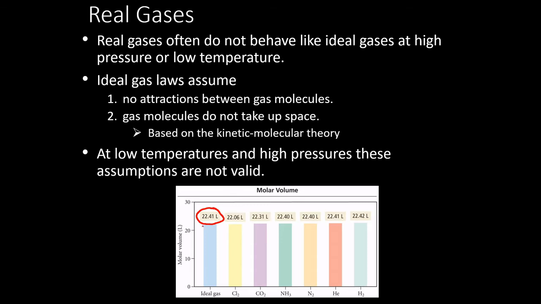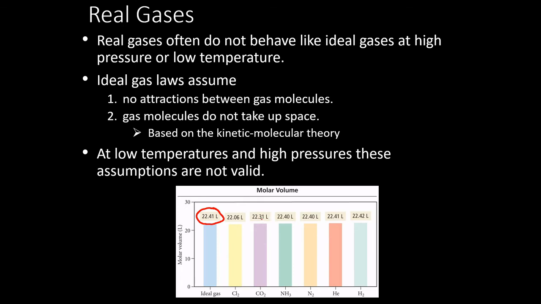And when we actually look at some gases, nothing's way off of that number, but they are a little bit off, some of them anyway. So chlorine, for example, is actually the farthest off out of all those that are listed here. And it's still 22 something. So again, not way off. It's not like 15 liters per mole. But it is different. So chlorine, 22.06 liters per mole.